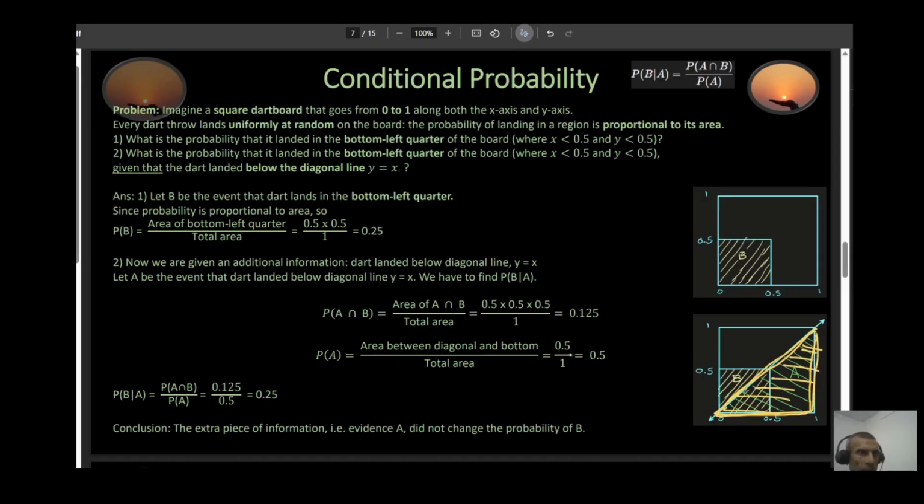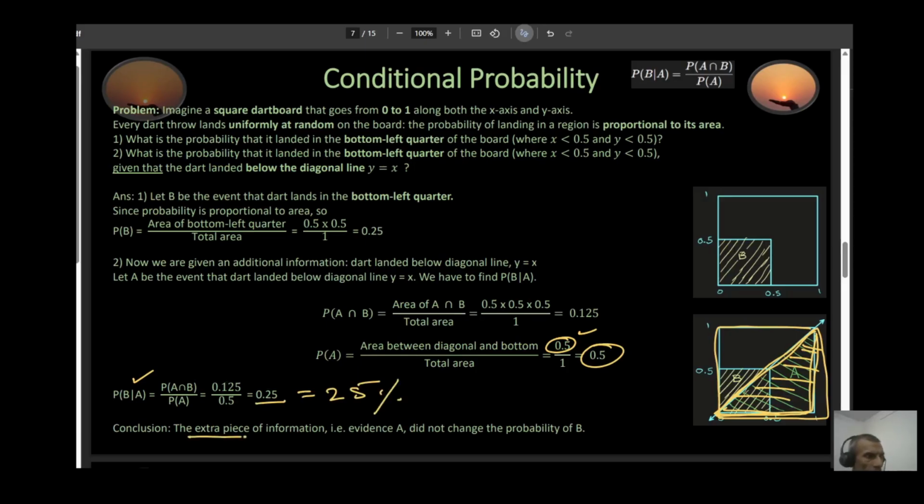And this area is 0.5, because my total area is 1, from here to here is 1. You can see this is half of that, so it's going to be 0.5 divided by 1, and the answer is 0.5. Now substitute these values in your formula for the probability of B given A, and your answer will come out to be 0.25, which is 25%.